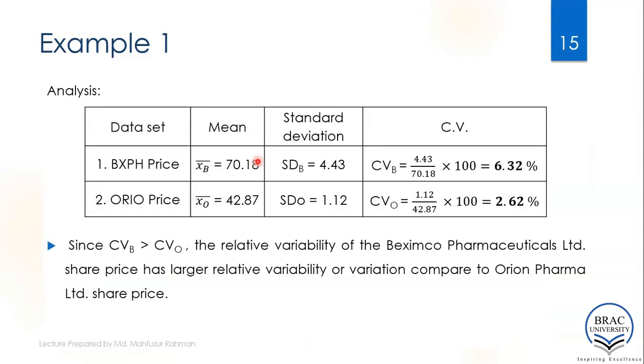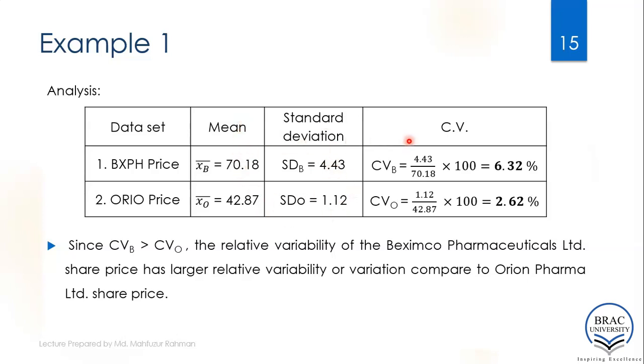As we know, to find the CV, we need two quantities: one is the mean and the other is the standard deviation. For the first data set, we have calculated the mean, which is 70.18, and the standard deviation, which is 4.43. Similarly, for the second data set, the mean value is 42.87 and the standard deviation is 1.12, both in Taka.